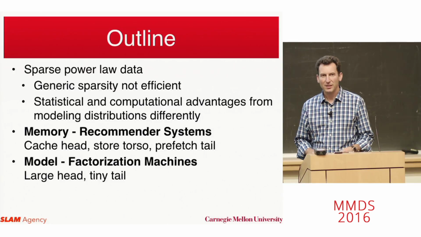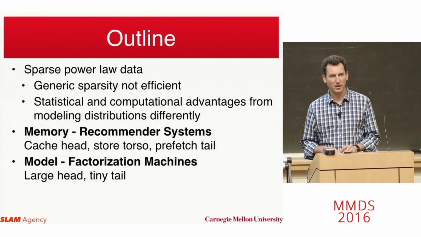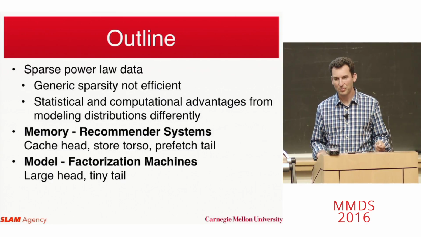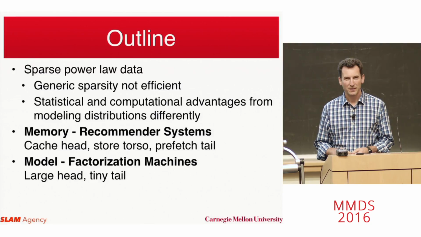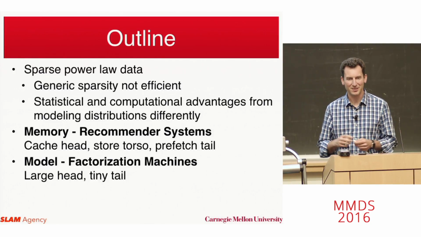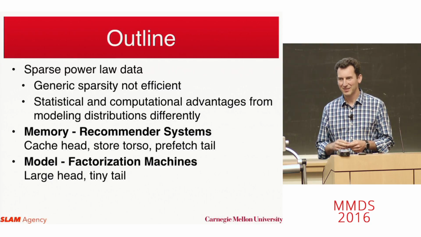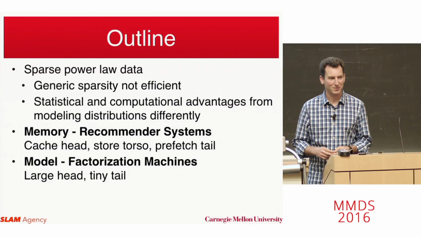Well, the thing is that a lot of times when people try to look at getting high-performance code working in machine learning, they somehow all of a sudden forget about the fact that they actually have machine learning data. And a lot of high-dimensional sparse problems, for instance, have power laws.